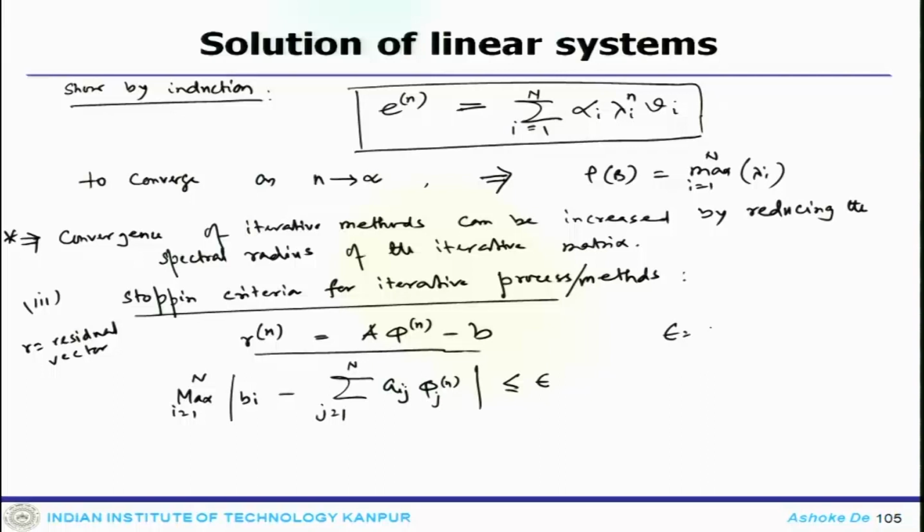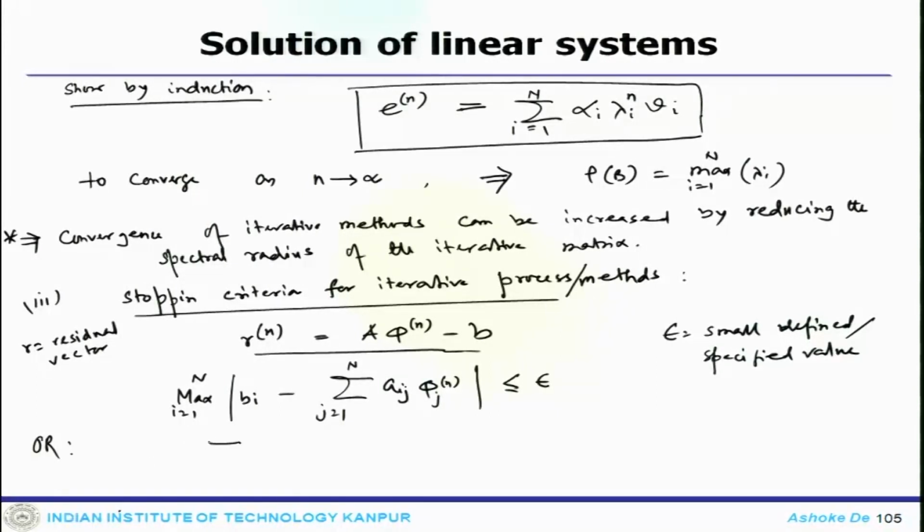So, epsilon is a small specified value. Alternatively, one can find that the root mean square residual is smaller than some epsilon value.